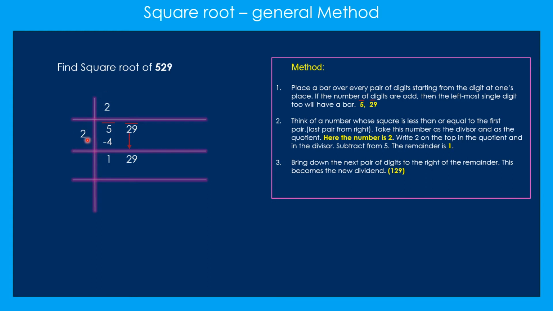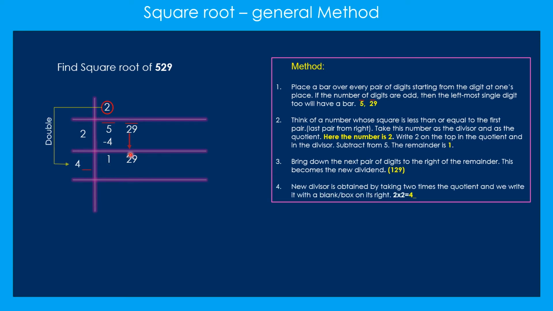Here the number is 2. So write 2 on top in the quotient and in the divisor. 2 times 2 is 4. Then you subtract and get the remainder 1. After writing the remainder 1, you bring down the next pair, 29. So 129 is your new dividend.